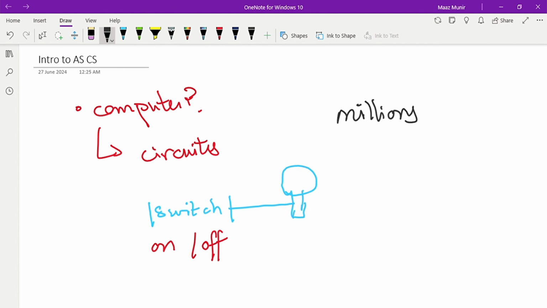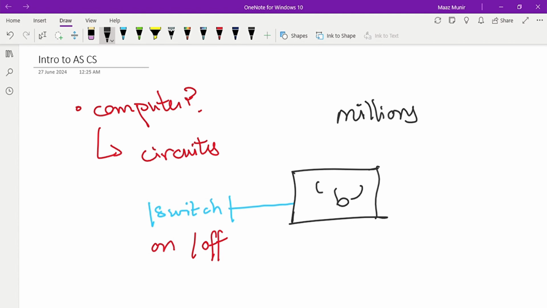Let's say we have a switch which is being used to print A. Let's remove this lamp and connect a monitor up here. When we turn on the switch, we're going to get A on the screen, and let's say we programmed it that way, when we turn off the switch, we're going to get B on the screen.